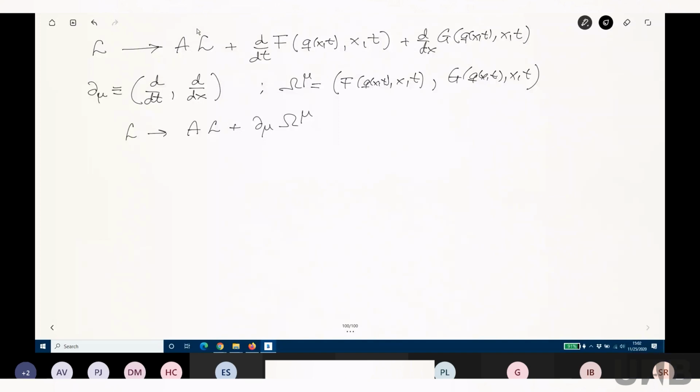Again, if the Lagrangian density is not relativistic, the whole theory is not relativistic, even if I write this d mu like this, or omega mu like that, okay? Where mu is 0 and 1, because I have only two components, time and one coordinate in space.